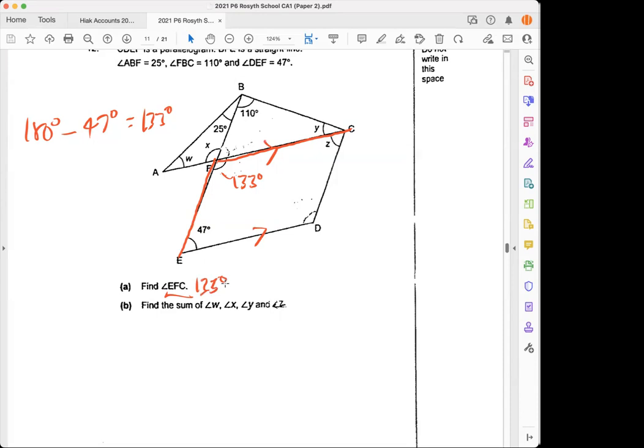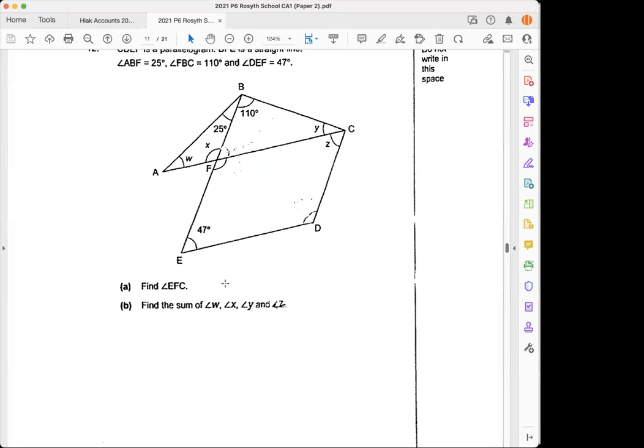Now, what's the question? Find the sum of W, X, Y, and Z. Okay, let me clear this. They want to find the sum of W, X, Y, Z, right? Now, W plus X, and 25 is within the same triangle, right?